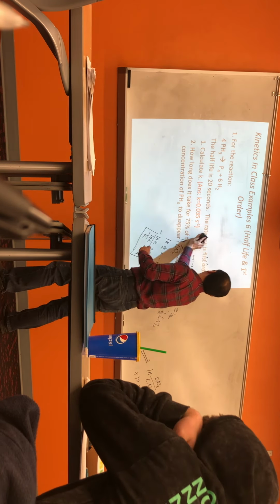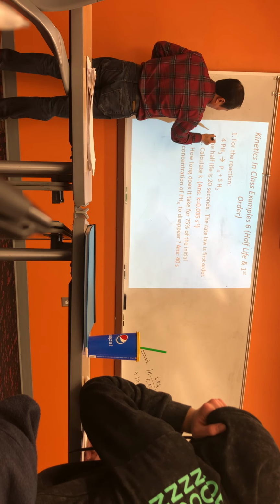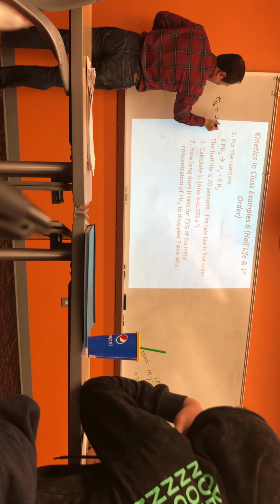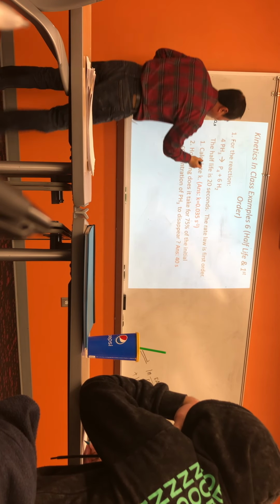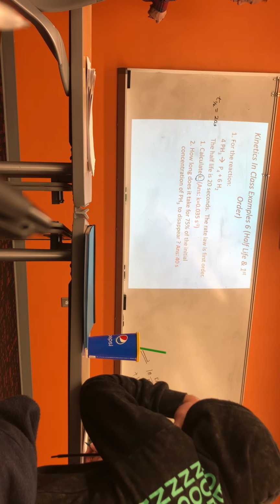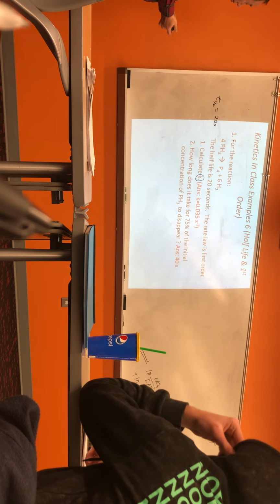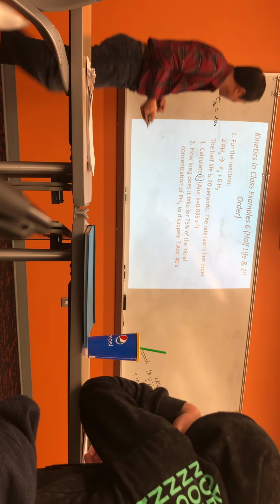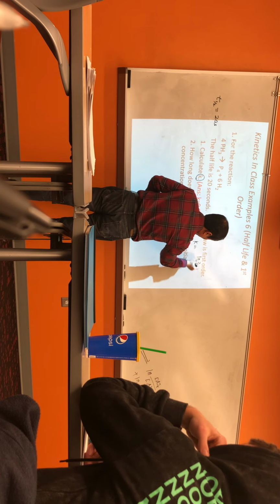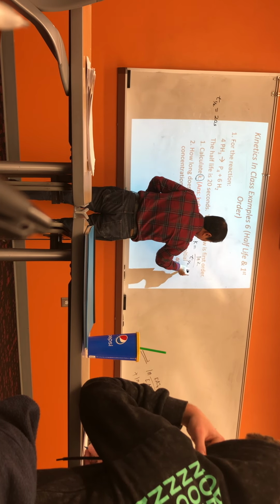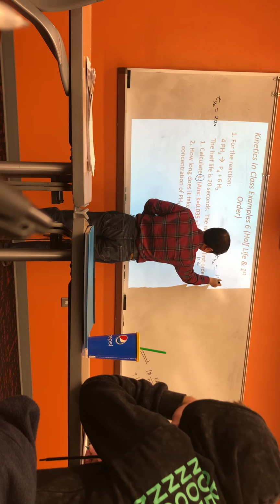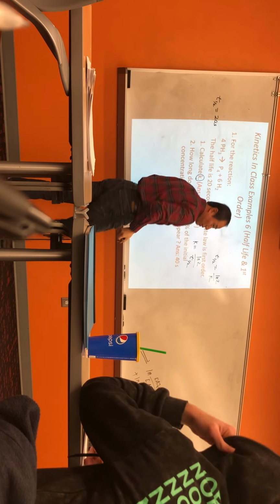Okay, so in this question, half-life is given as 20 seconds. I want you to find the rate constant k. How do you do that? The equation we just derived was half-life equals ln 2 over k.